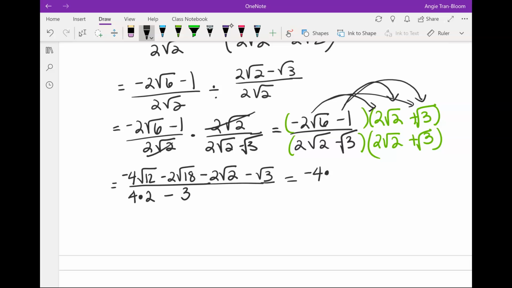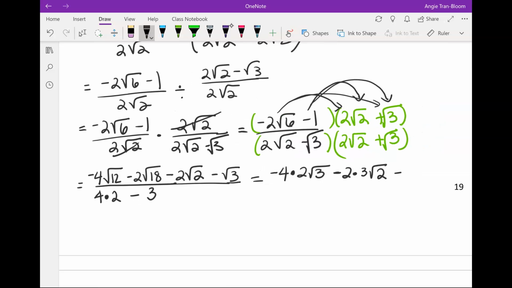Rad 12 is really rad 4 times 3, and rad 4 is really a 2. So I can take out a 2. I'm still going to be left with rad 3. So far, okay? And minus 2 is in the front times rad 18 is really rad 9 times rad 2. What's rad 9? 3. So I'm left with rad 2 still. And then I'm just going to drop these two things over.